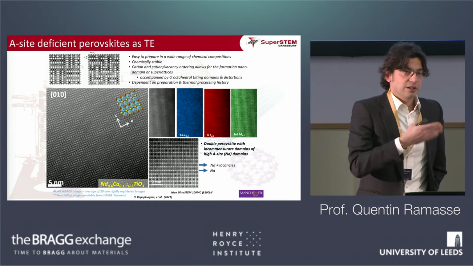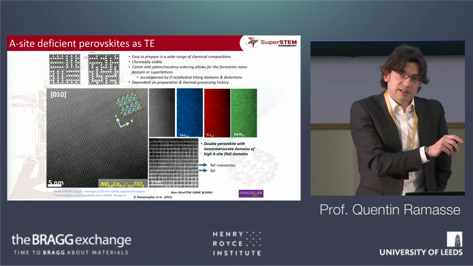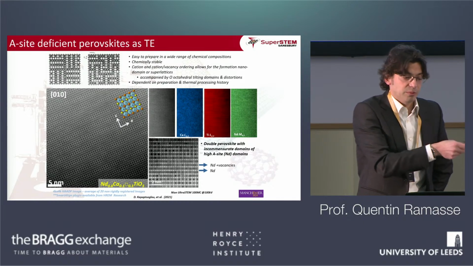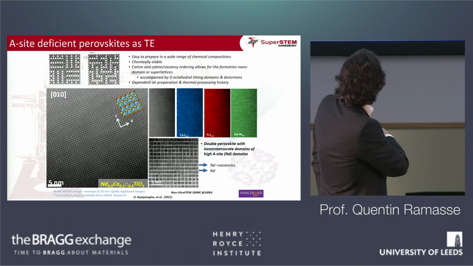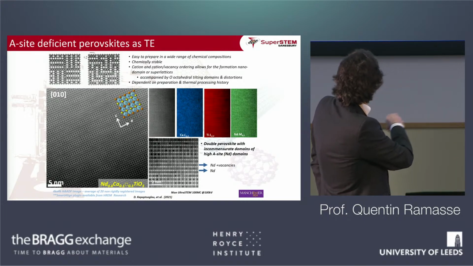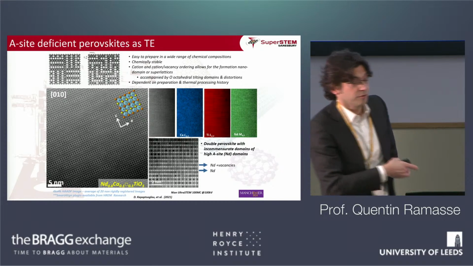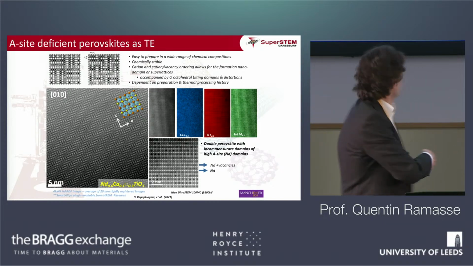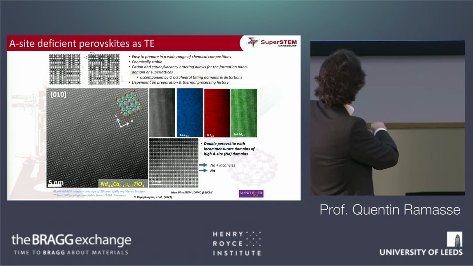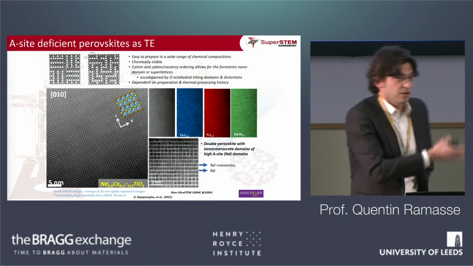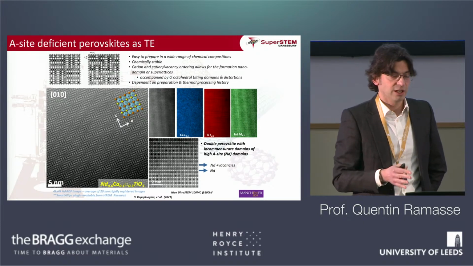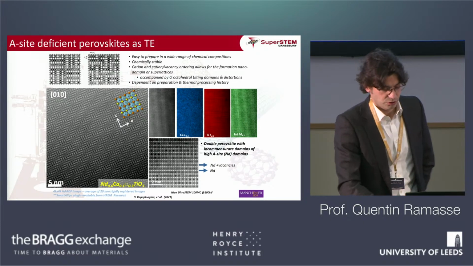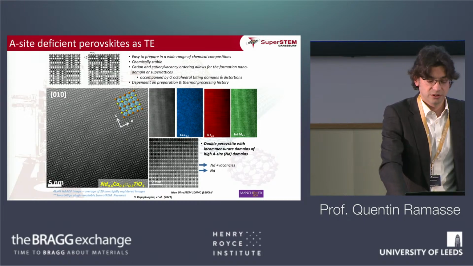So if you have deficiencies at specific sites, in this particular case A-site deficient, you can build layers here that would perhaps be good for carrying the electrons away, but then if you go to an interruption, that might scatter phonons and therefore keep the heat locally.